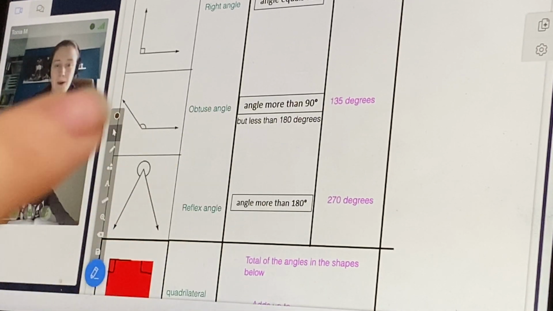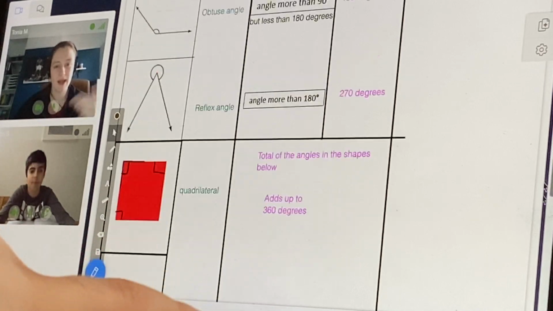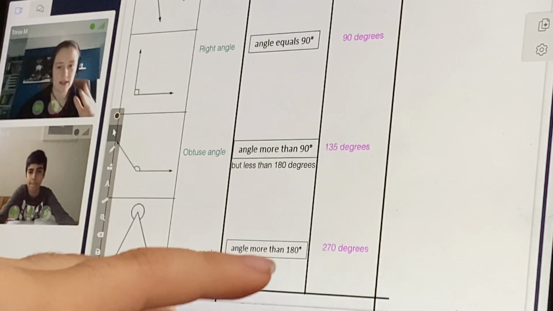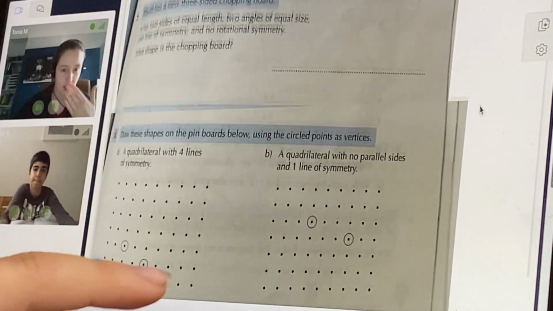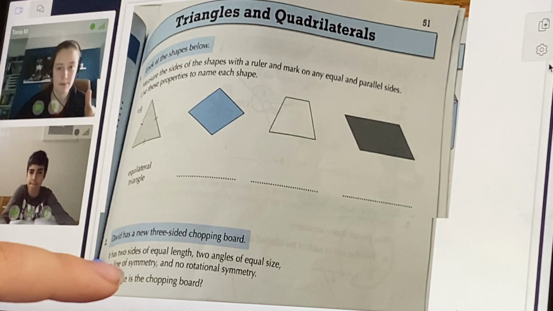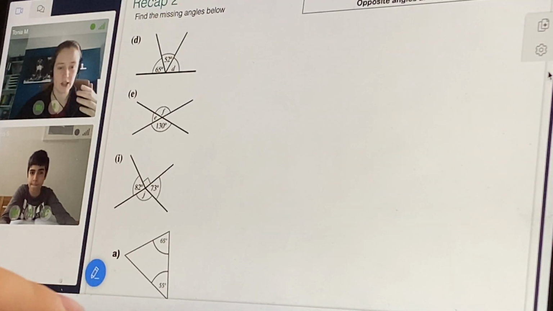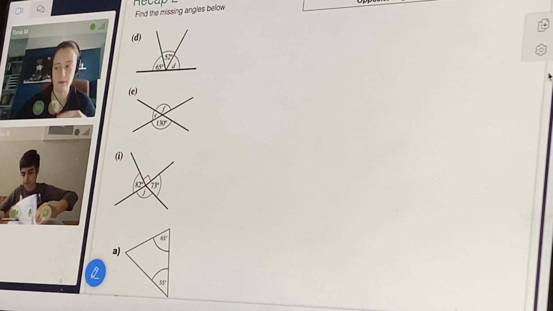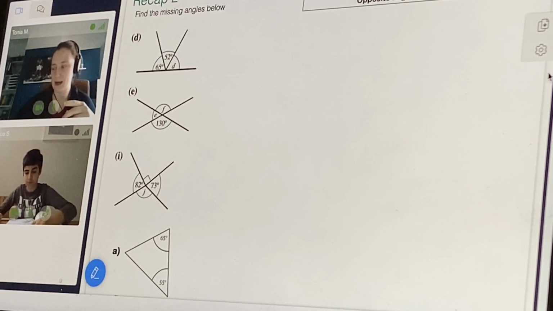Okay, so I've got another little page of recap in case you wanted to do some more work on angles. So these are the options. We can go straight on to where we left off yesterday and go on to more shape type things, or we can do another little recap and use some of the things that we've learned about angles to see if we can find some angles.